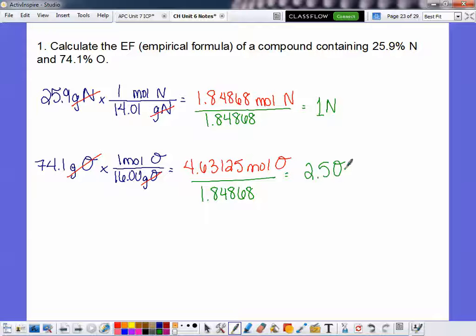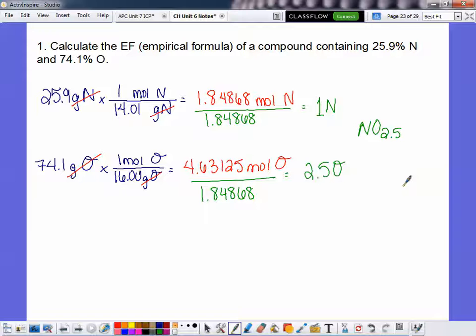So if I were to write the empirical formula from this, the numbers become the subscripts in the formula. Have you ever seen a formula that looks like that? No, you've never seen a formula with a decimal subscript. So that means we have to do the last step. We have to multiply to get them to whole numbers.